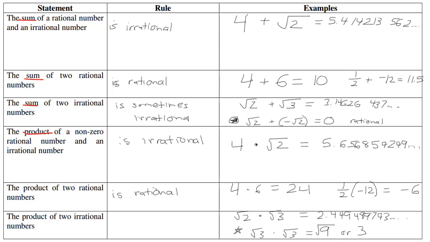So again, product of two irrational numbers is sometimes irrational. There are some situations that I can make it rational, but it does not happen very often. So make sure you have these notes copied, pause the video if you need to, and we're going to go back to that second question on the front page.